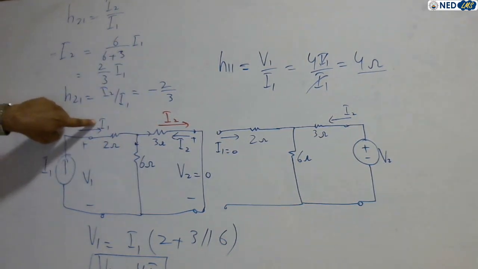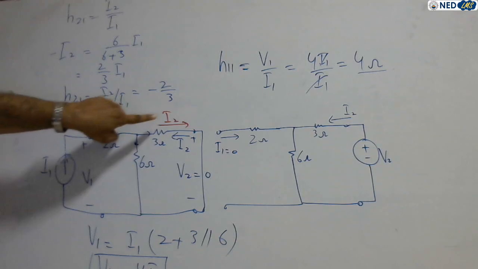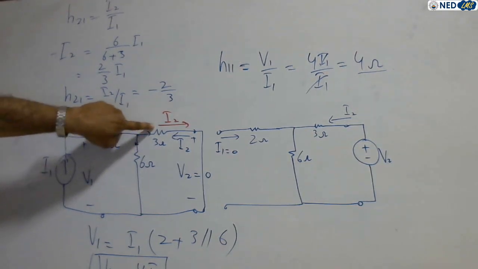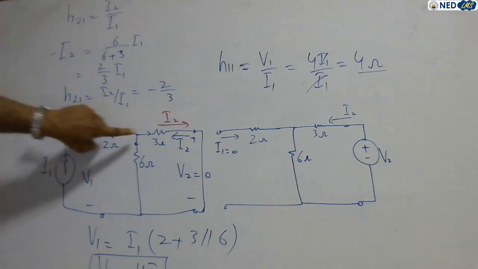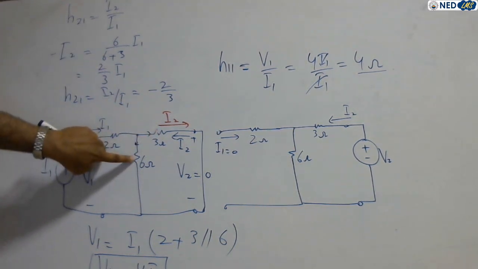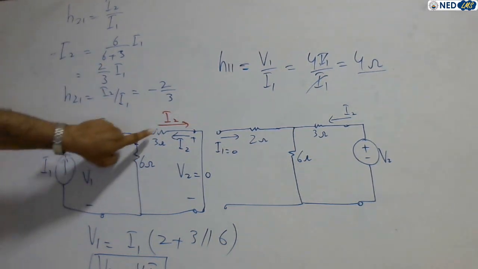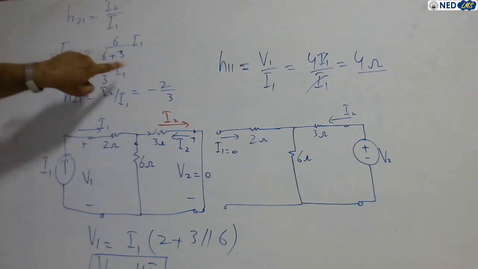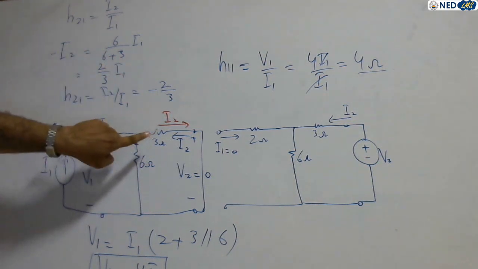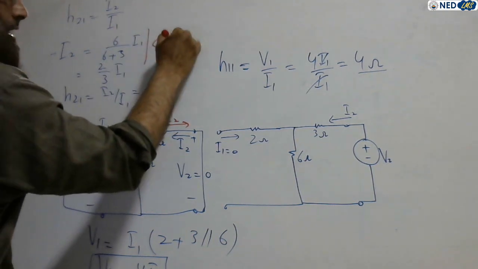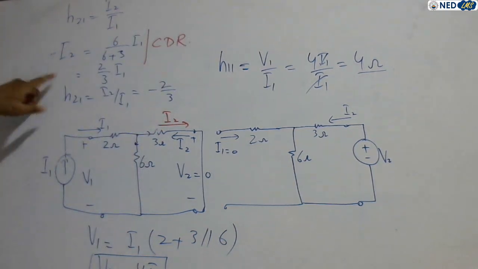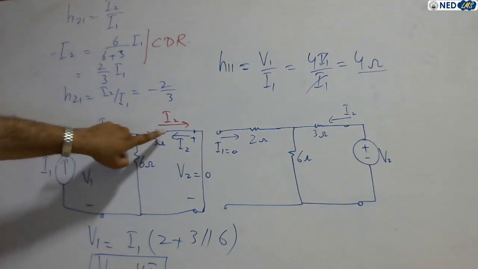Total current is what? I1. Total current I1, current division rule, multiplied by the opposite resistance, that is 6, and in the denominator the sum of both resistances, that is 6 plus 3. So by using CDR, current division rule, we calculate I2 in terms of I1, with a minus sign because of direction.